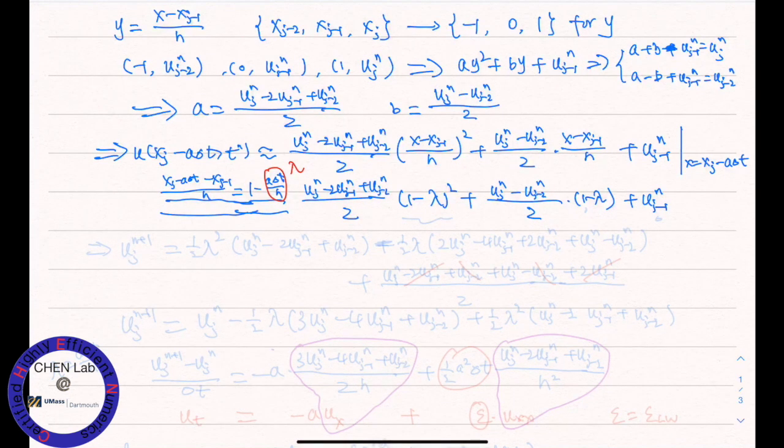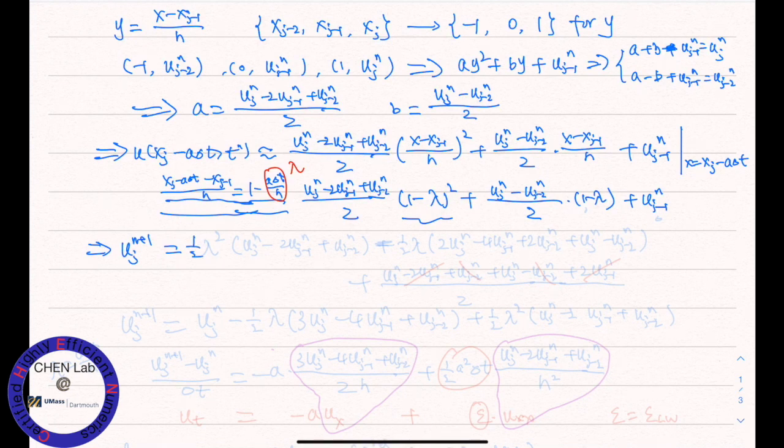We can easily simplify this. So which is our new scheme, which is u_j^{n+1}, all right? This is an approximation to u(x_j minus a delta t) at time n, but we traced back along the characteristic line. So this is going to be equal to, well, 1 minus lambda squared.